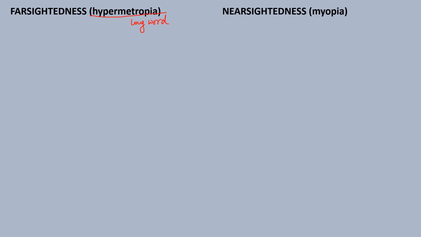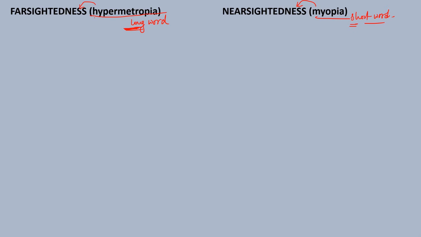And myopia is a very short word as compared to hypermetropia. In case of farsightedness, far away objects can be seen very clearly. So that means long distance objects can be seen very clearly. So the word hypermetropia means farsightedness, and the objects which are very near to you, that means at a short distance, can be seen very clearly. That means myopia means nearsightedness.